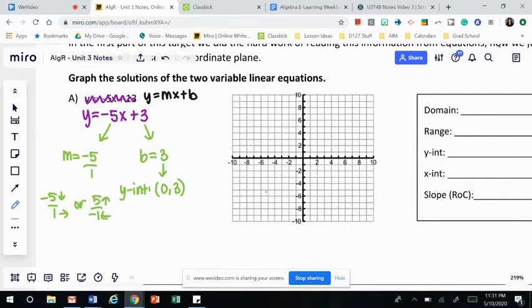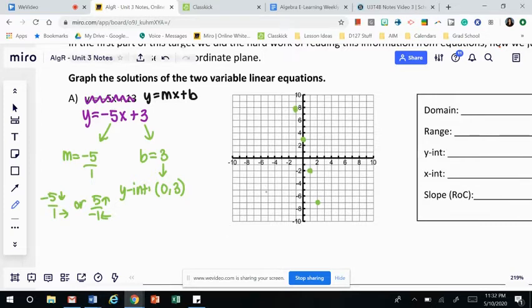Okay, let's start by graphing our y-intercept. We're going to put our first point on the line at (0, 3). From there, I'm going to go down 5, 1, 2, 3, 4, 5, and right 1. I'm going to keep going with that slope until I can't graph any further. Now, for my original y-intercept of (0, 3), I can also count up 5 and left 1.